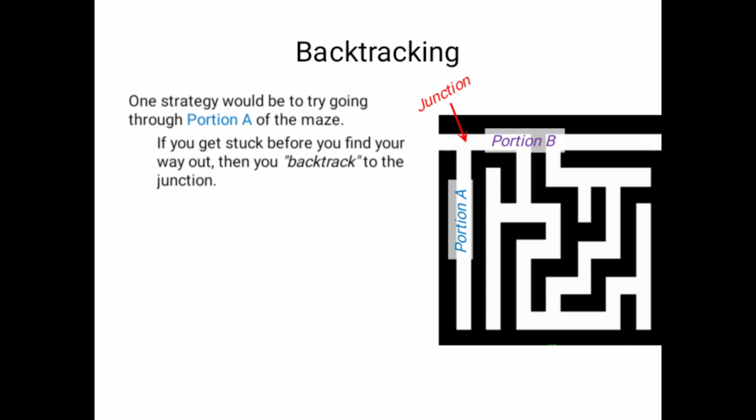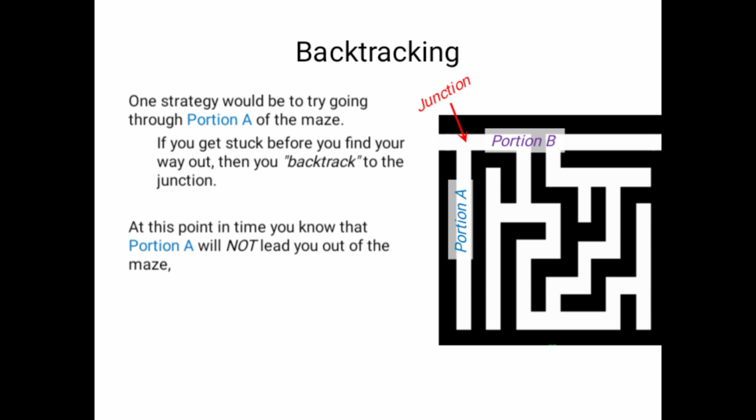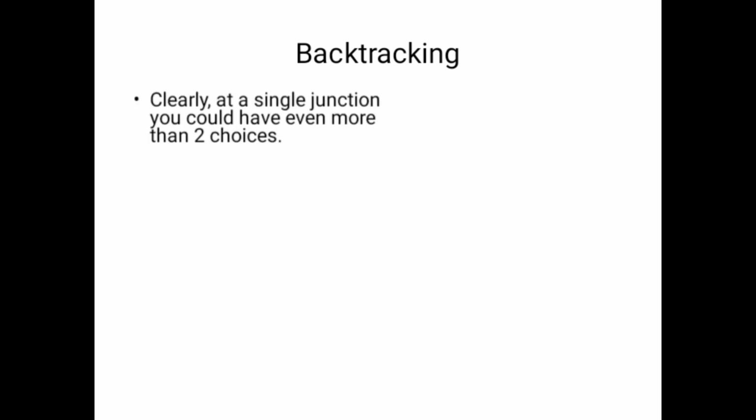If you get stuck before you find your way out, then you backtrack to the junction. At this point, you know that portion A will not lead you out of the maze. So you then start searching in portion B.